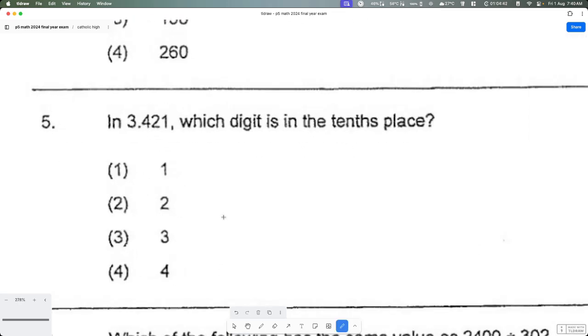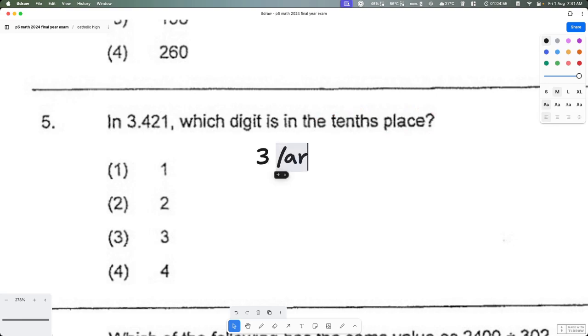Question number 5. In 3.421, which digit is in the tenths place? Let's go through. 3 is in the ones place, and then 0.4 is in the, if you say one place, you're wrong.